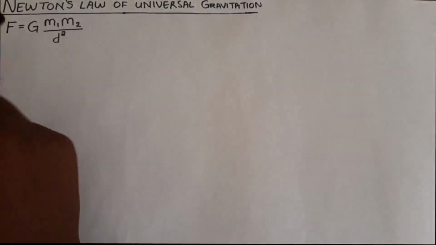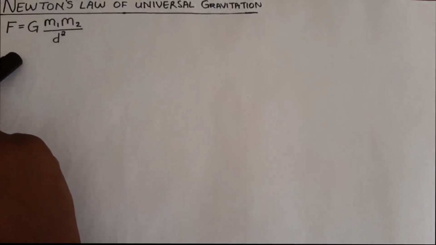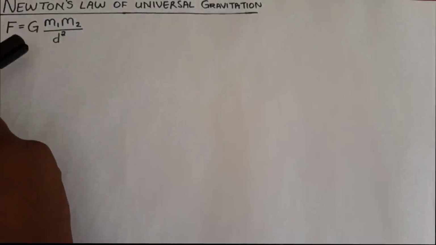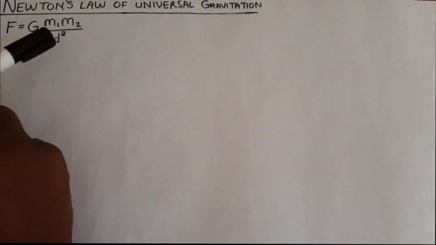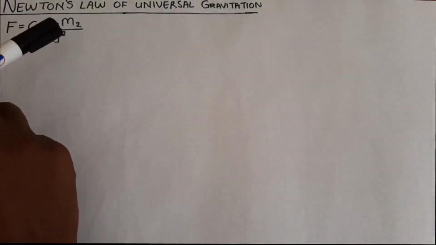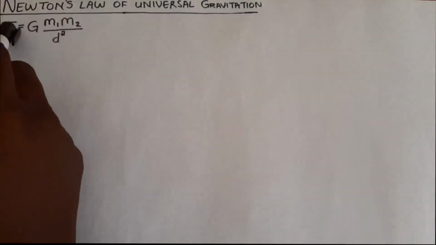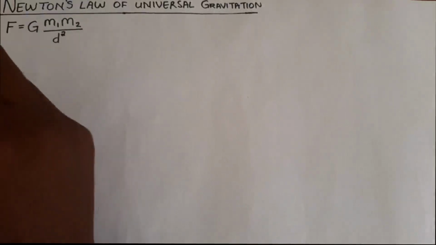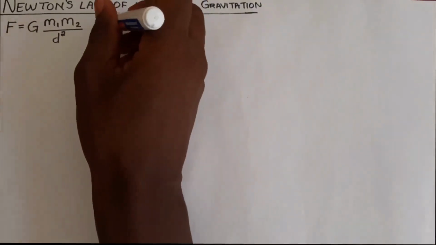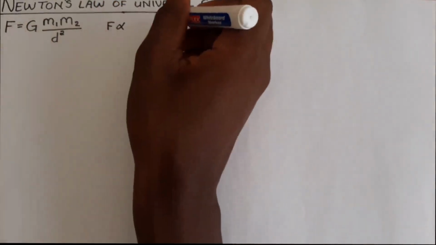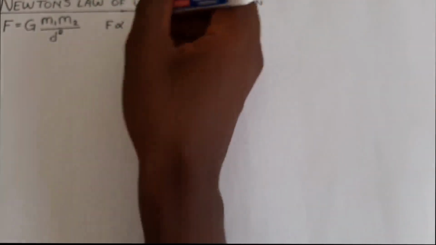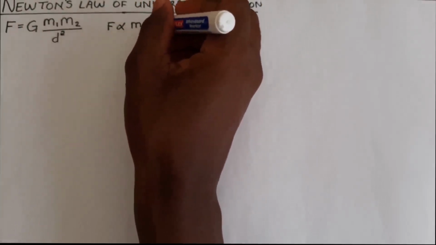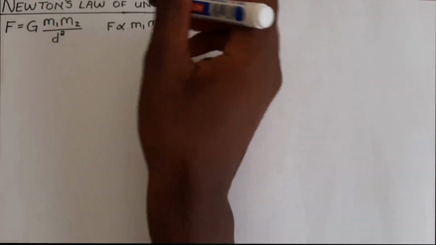I'm just going to show you again today, but mostly on the interaction of the object and the earth's surface. This force is directly proportional to the product of the masses, which are multiplied.